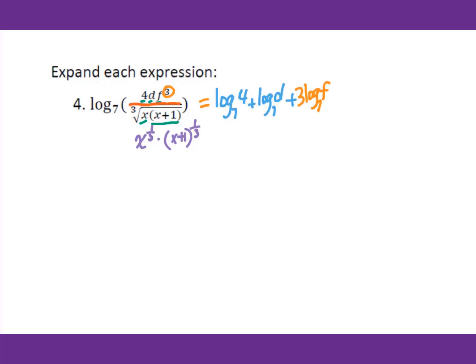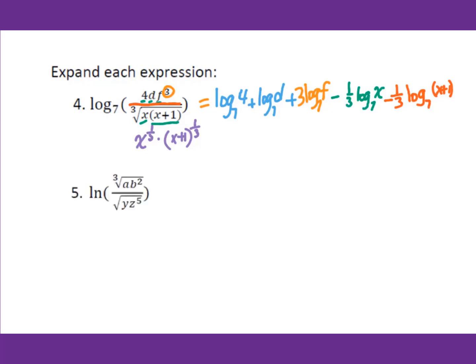Below the division line, you do subtraction: minus 1 over 3 log base 7 of x minus 1 over 3 log base 7 of x plus 1.